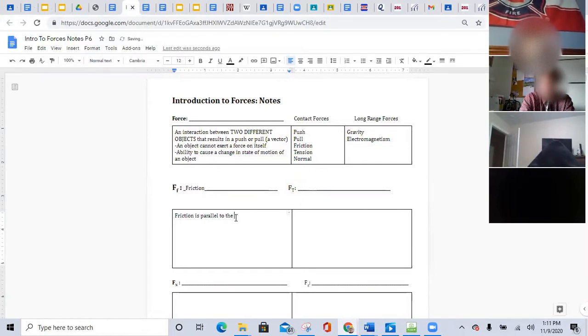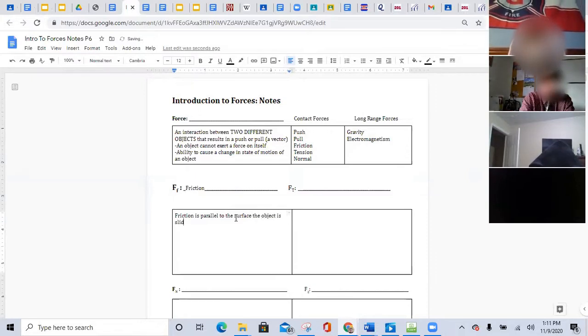Sorry, I'm going to say parallel to the surface the object is sliding on, and opposite the direction of motion.